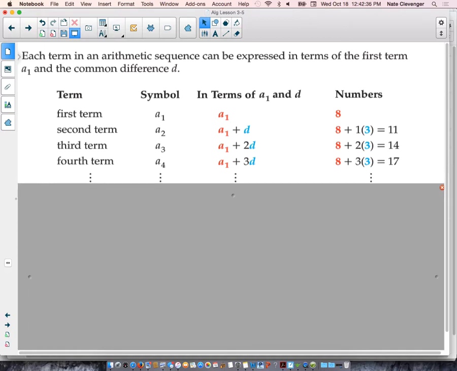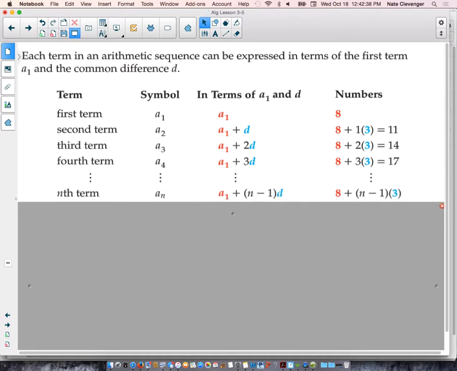So, the nth term. Whatever term we were picking, you can see up here when we had A2 that it was A1 plus the common difference. Well, at An, it's still the first term in your sequence plus whatever term you were wanting.